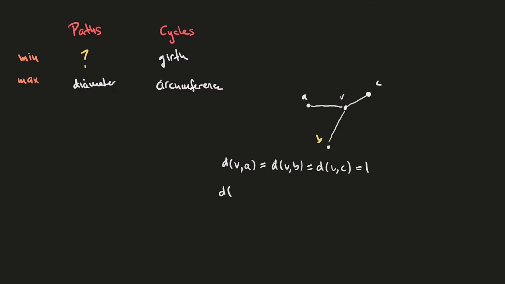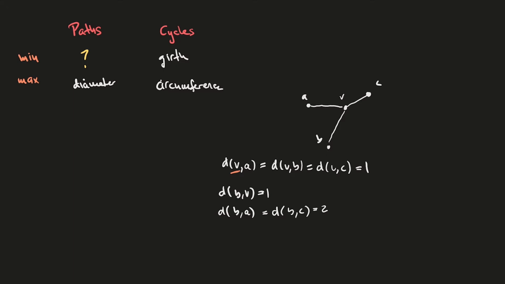We have the distance between B and V is equal to 1. However, the distance between B and A and between B and C is equal to 2. Finally, selecting any other vertex, either A or C, will give the same result as for B, since the situation is symmetric.